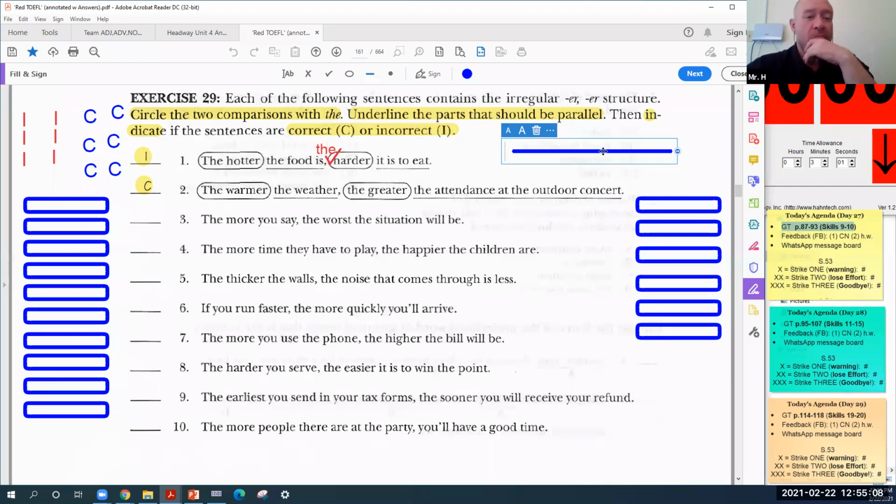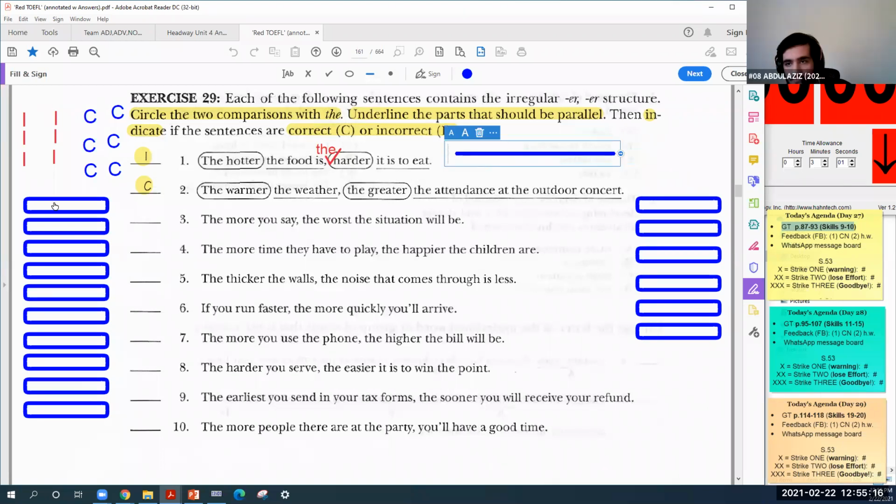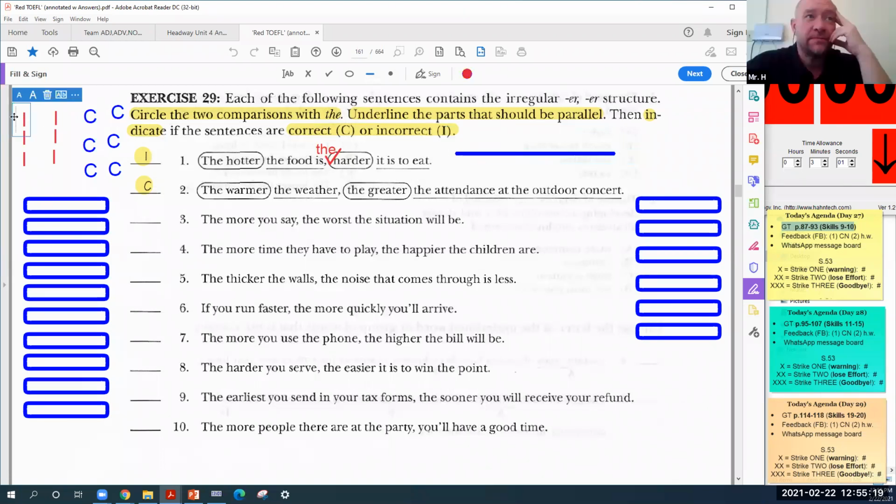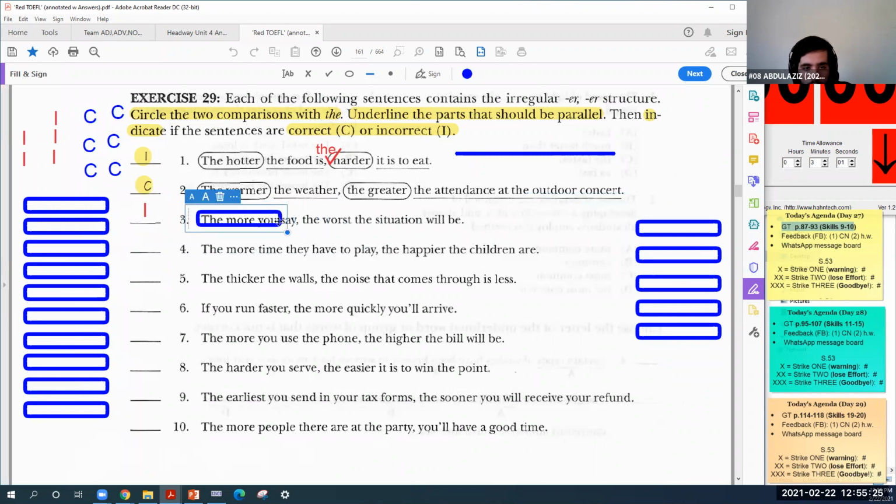Time is up. All right, gentlemen, let's do this quickly. So Abdulaziz, what do you think about number 3? Incorrect. You say it's incorrect? Yes. All right. Where is the circle? The more. Okay. And then the worst. Okay. So why is this a problem? Because the second one should be the worst.